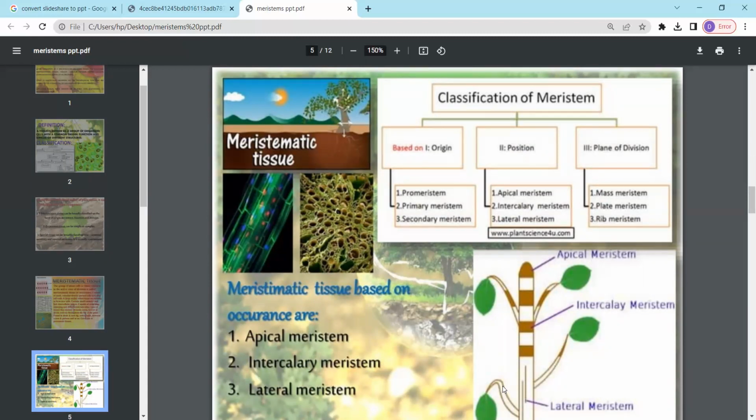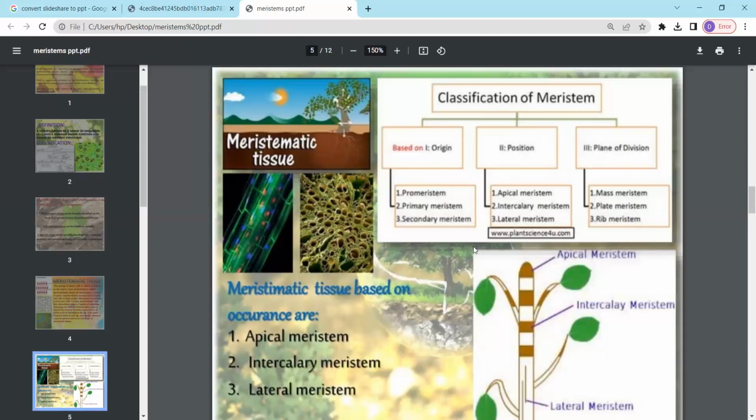First, based on the origin, there are three types: promeristem, primary meristem and secondary meristem. Based on the position, there are three types: apical meristem, intercalary meristem and lateral meristem. Based on the plane of division, there are mass meristem, plate meristem and rib meristem.